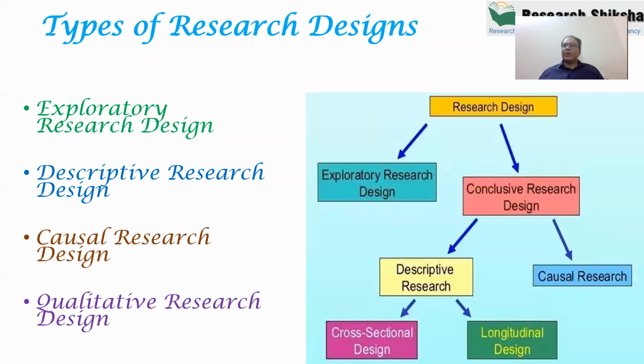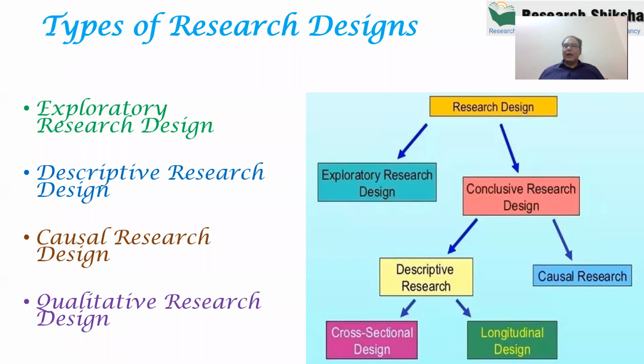The causal research entirely depends upon the experiment, and on the basis of the experiment, we find out the relationship between the experiment and the outcome. Causal research is also known as experimental research. And in descriptive research, we try to find out the solution of the research questions, the research problem, on the basis of data analysis and hypothesis testing.